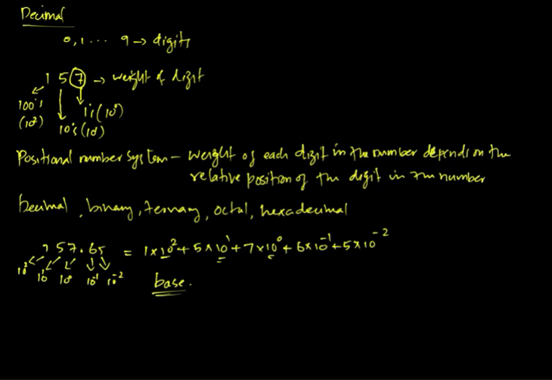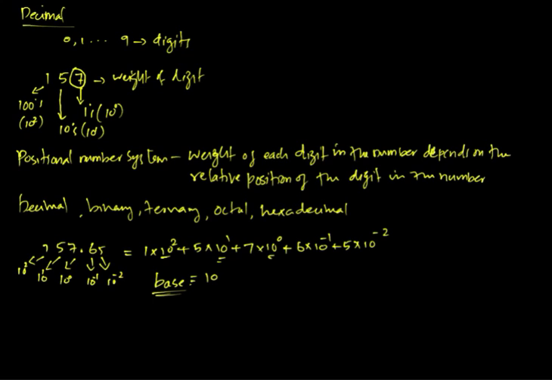So the base represents how much the weight of a digit is, or the weight of a digit is represented in terms of its base. So for a decimal number system, the base is 10. So in terms of the base, we can expand the number.